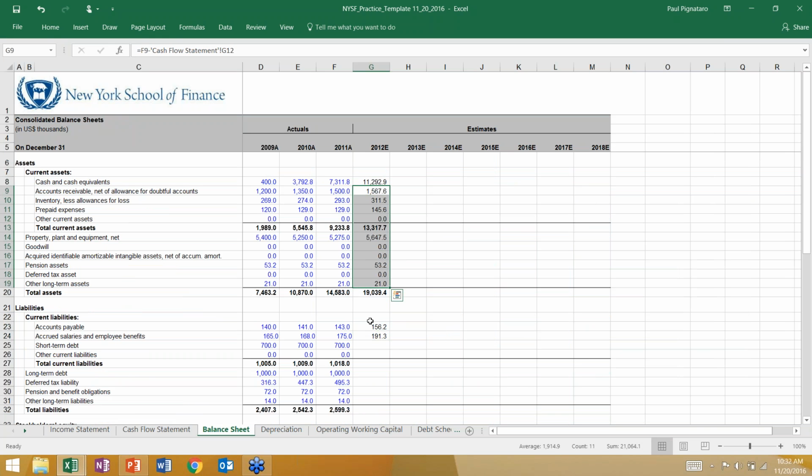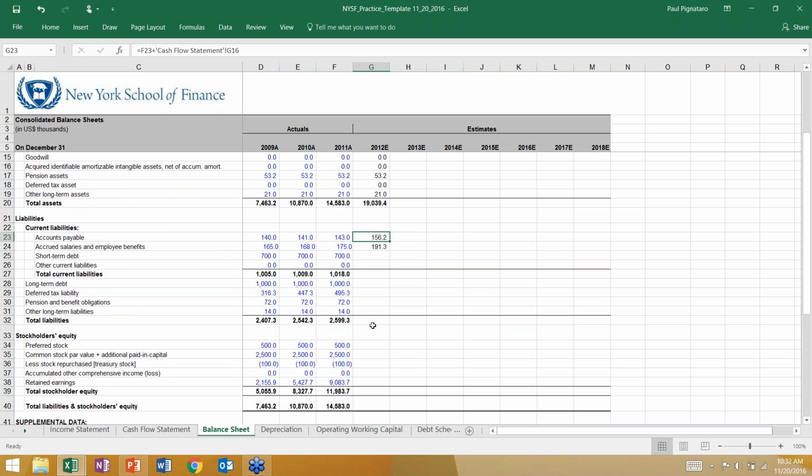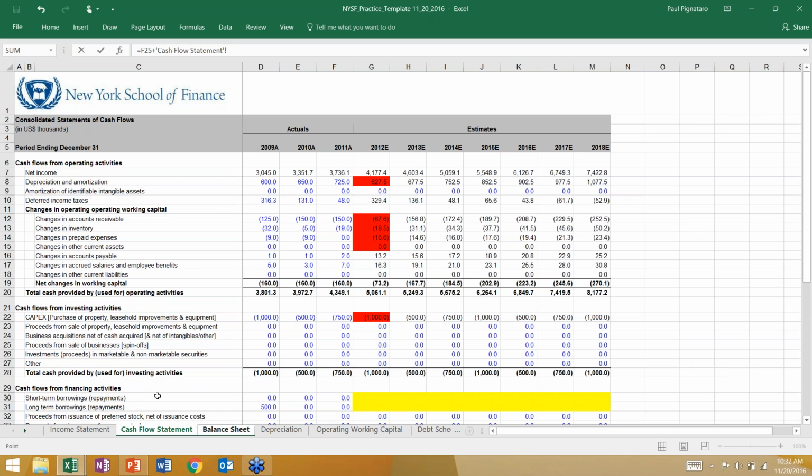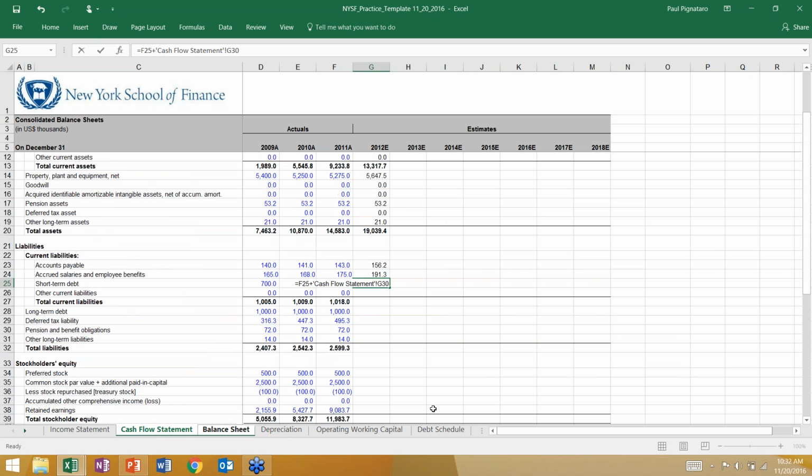Everything else, it's a plus. Liabilities is a plus. Even shareholders' equity is a plus. Very simple. Short-term debt equals short-term debt from the year before plus changes in short-term debt. Now, we didn't link this in yet, but still, build the formula. Once this is done, everything will flow.